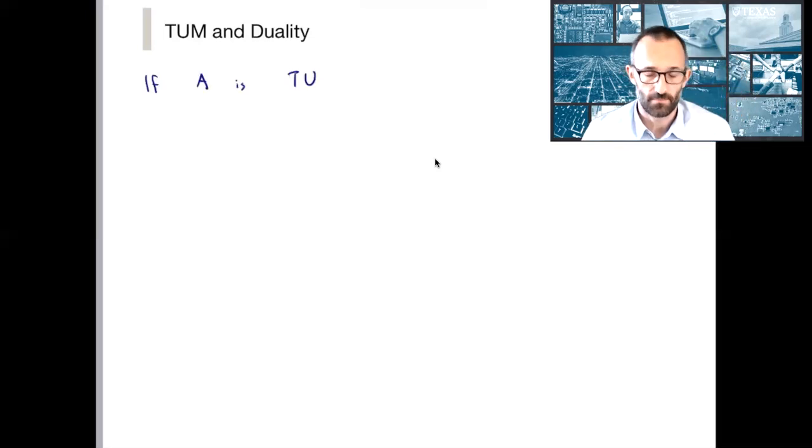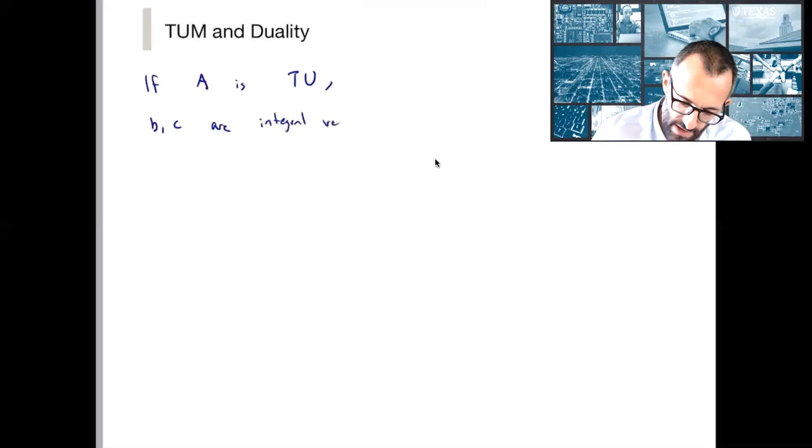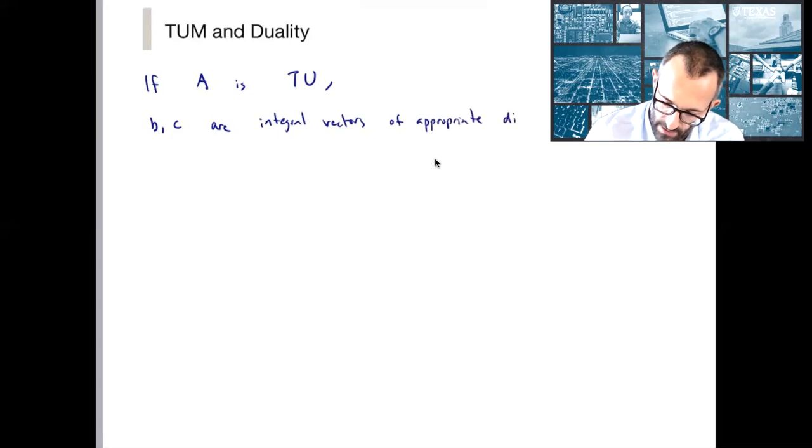So the theorem says the following: if A is a totally unimodular matrix, TUM, of course, M is just matrix, and if b and c are integral vectors, not necessarily in 0, 1, of appropriate dimension. Sometimes I just get lazy and I don't even mention that, but I hope it's clear.